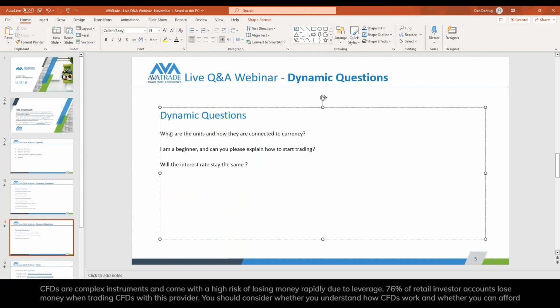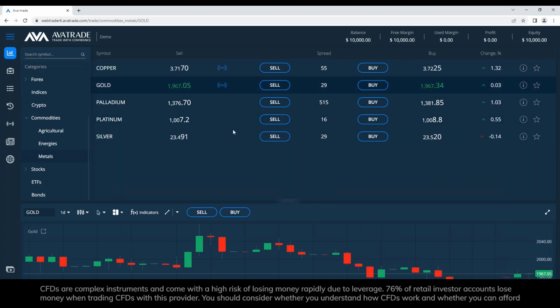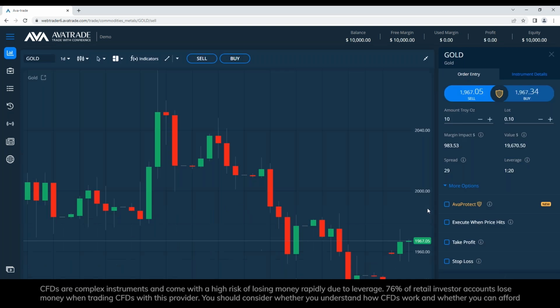Oh, first there is a question here. What are the units? Okay, I'll explain it in a second. Can you explain how to start trading? You need to give me some direction. In a nutshell, you pick an instrument like gold as an example, you click sell or buy, and you go ahead and sell or buy.